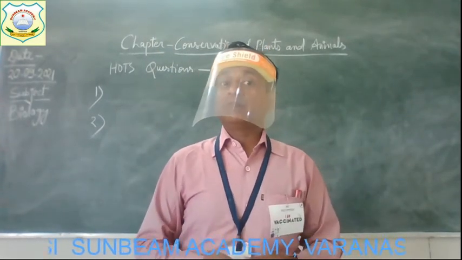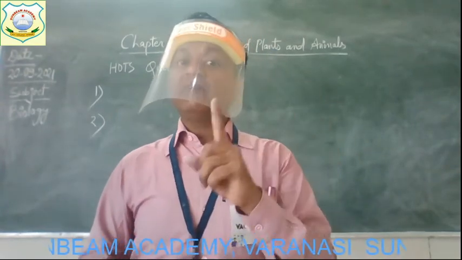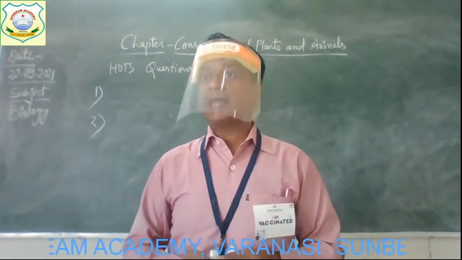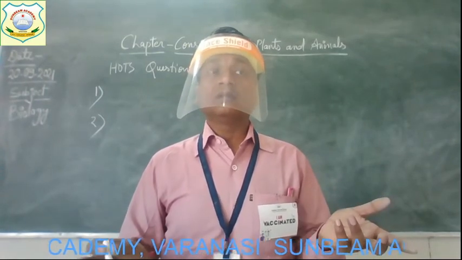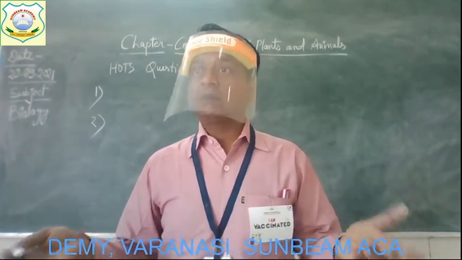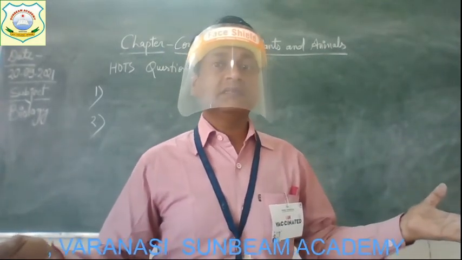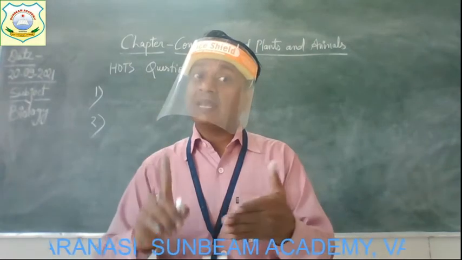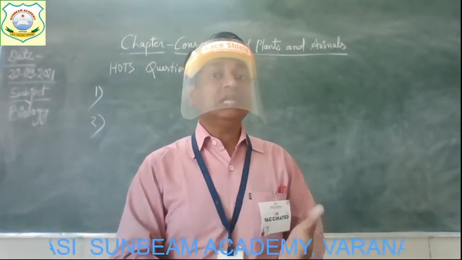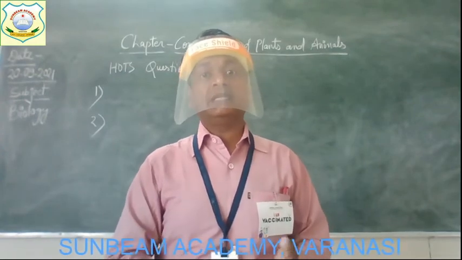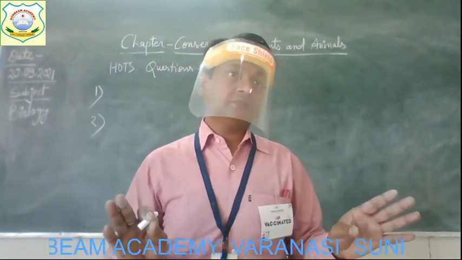Simply, in a zoo, wildlife are kept in an artificial habitat. Is it not? For what? For public viewing. The public goes there and views the different kinds of animals. Whereas in a wildlife sanctuary, animals are allowed to live in their natural habitat without the fear of being hunted.